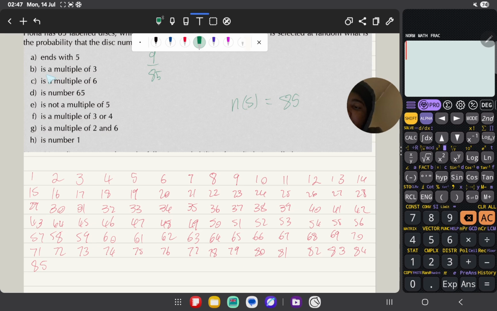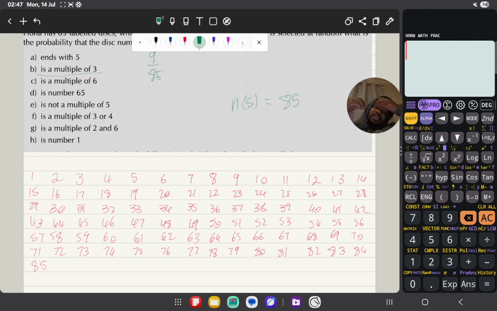So for multiples of 3, you have 3, 6, 9, 12... Okay, so if you count up until 30, you have 10 numbers.